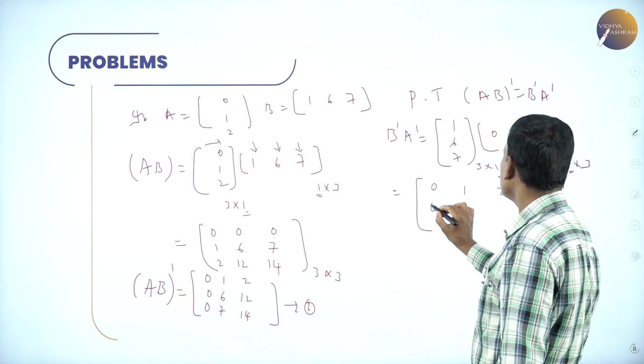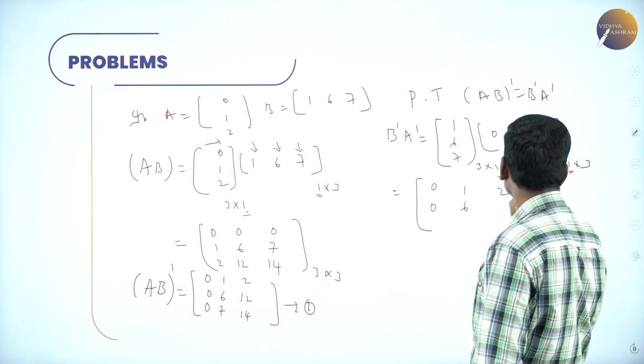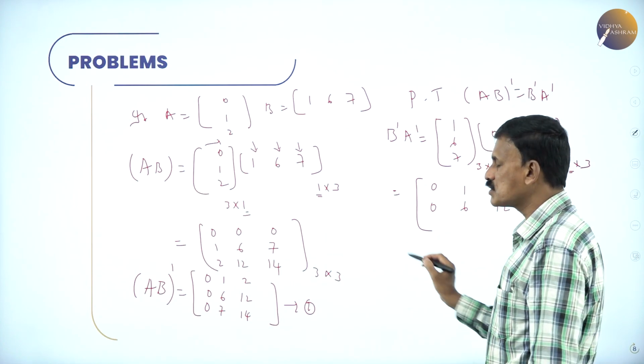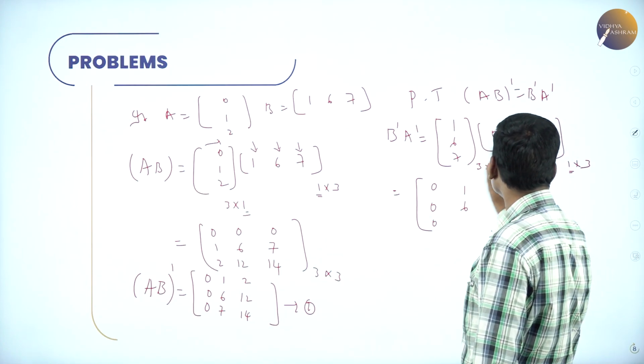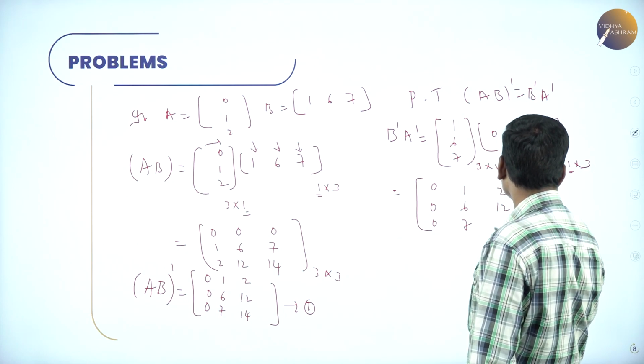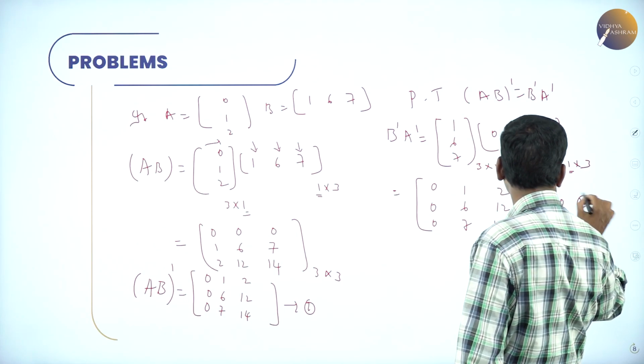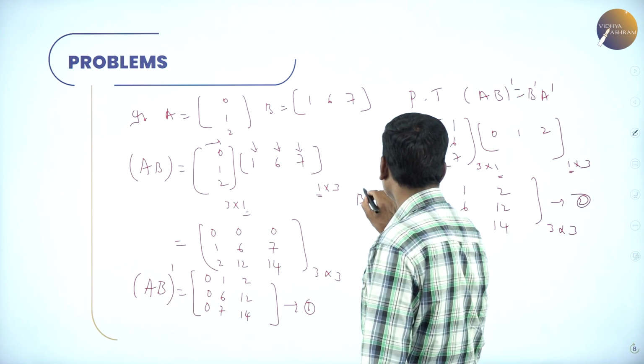Again 6 into 0 is 0, 6 into 1 is 6, 6 into 2 is 12: 0, 6, 12. Again 7 into 0 is 0, 7 ones are 7, 7 twos are 14. This is equation number 2, B dash into A dash.